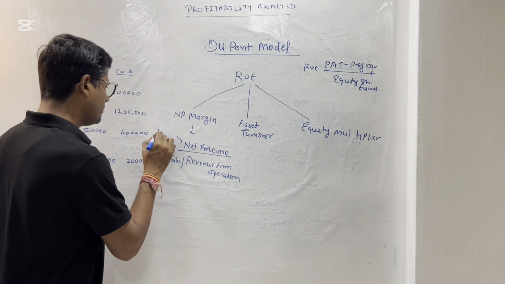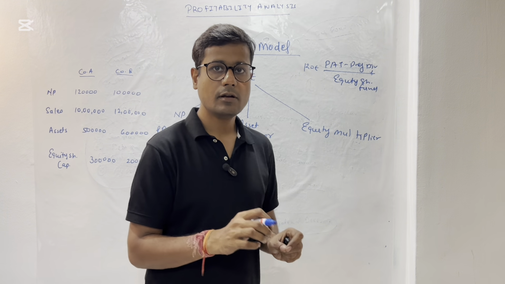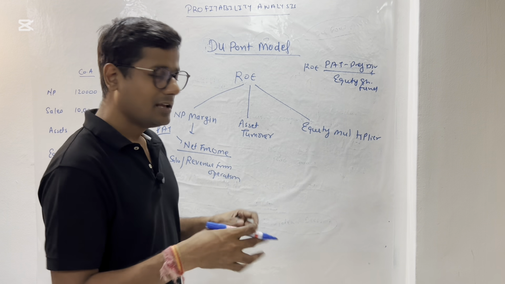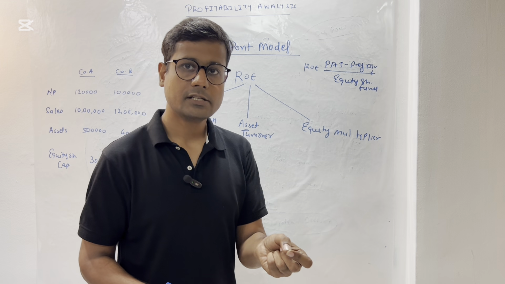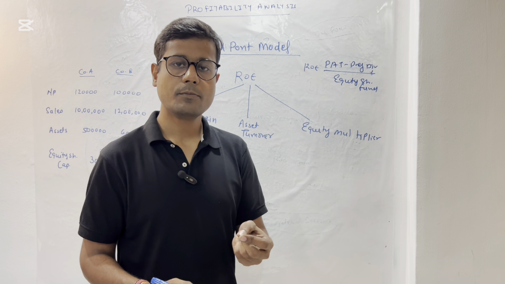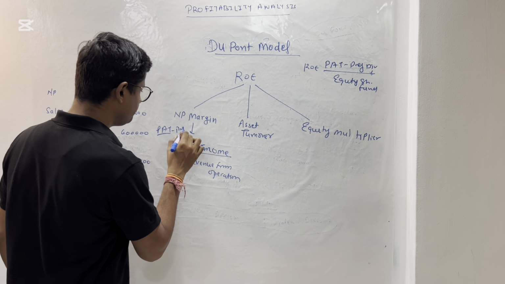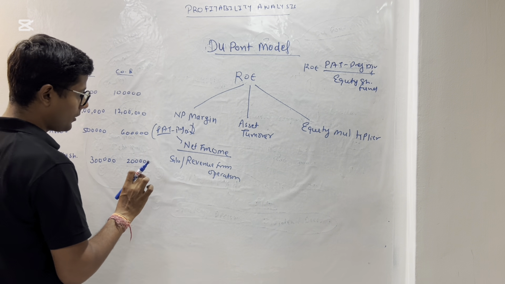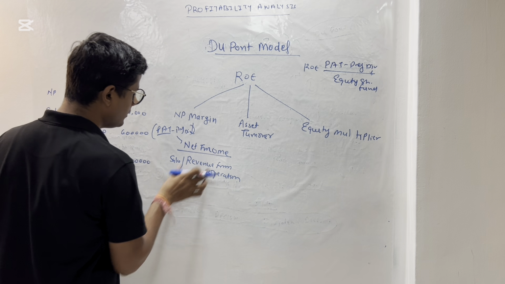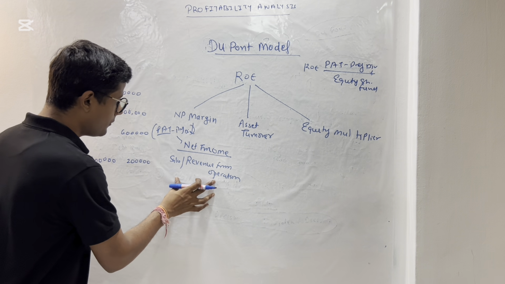Net income is nothing but PAT, profit after tax, the last element in the profitability statement. But since we are talking about return on equity, if there are any preference shares in the company's balance sheet and the company has to give a dividend, then from the PAT you deduct the preference dividend. So PAT minus preference dividend will be your net income, divided by sales or revenue from operation. That will be your net profit margin.